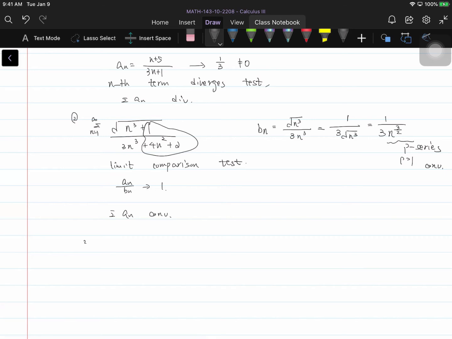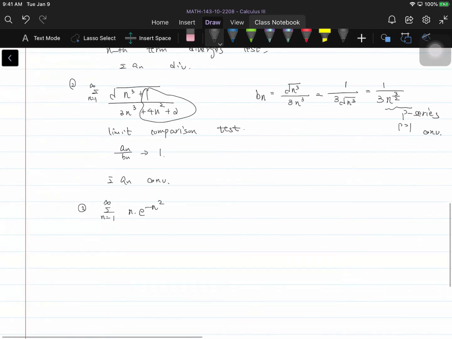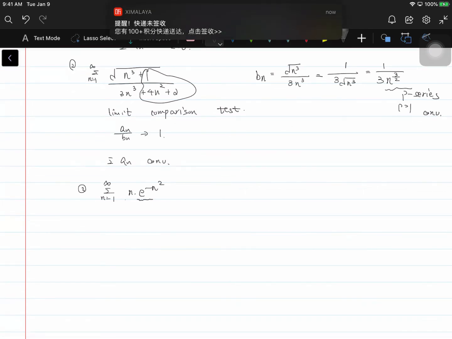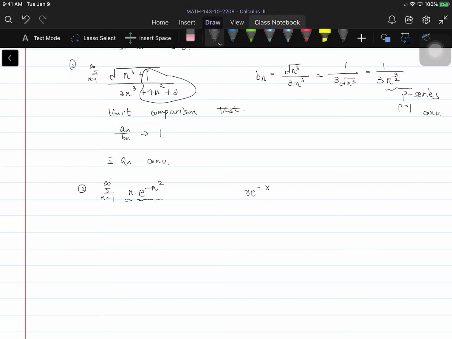The third one, the series n e to the negative n squared, n from 1 to infinity. By looking at this series, the ratio test is not very good, because we have an exponential function, e, and it looks like a continuous function that we can integrate by u-substitution.